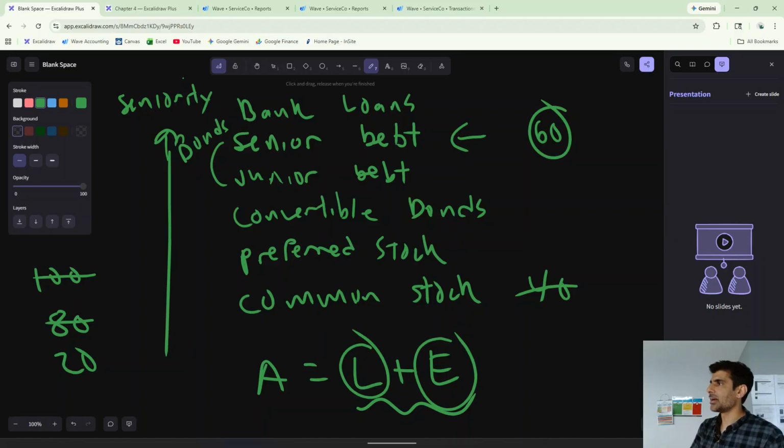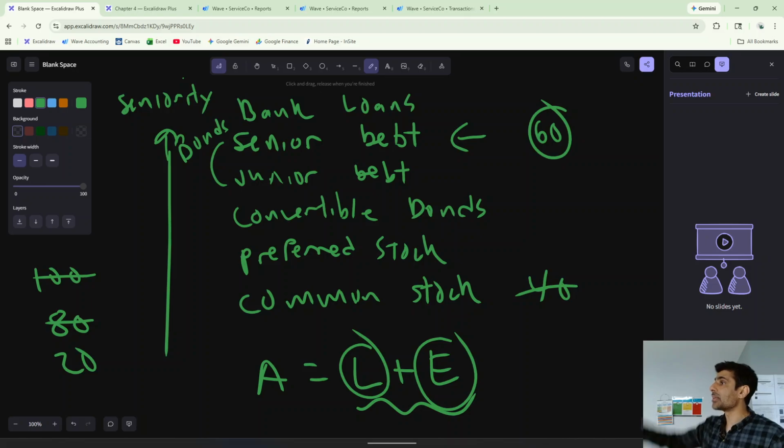We'll see that in a second. But I'm just saying, as a concept of seniority, this has to do with the order, the priority of payment of who gets paid off, who's taking the most risk versus the least risk. There's no hard rule on this.